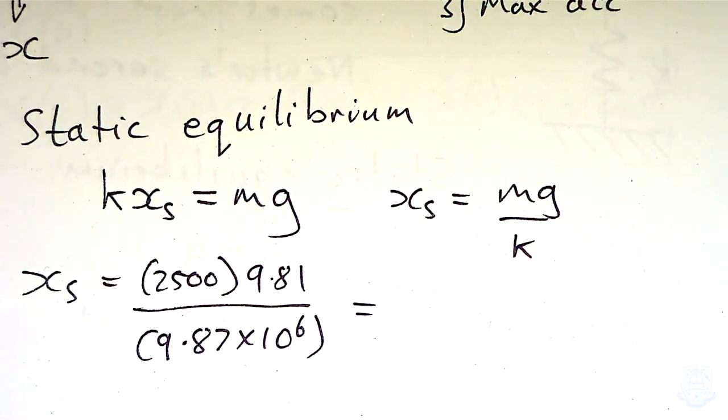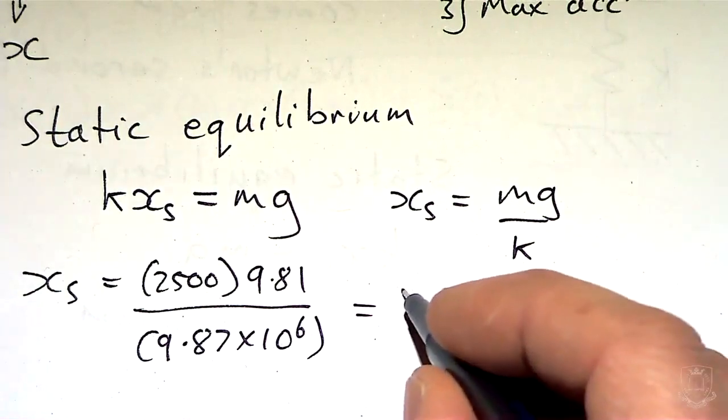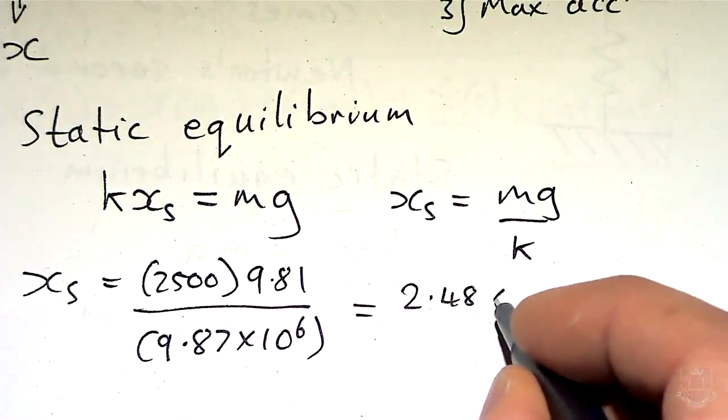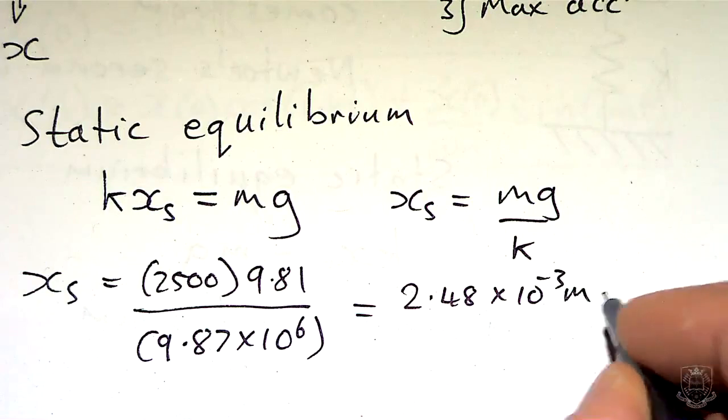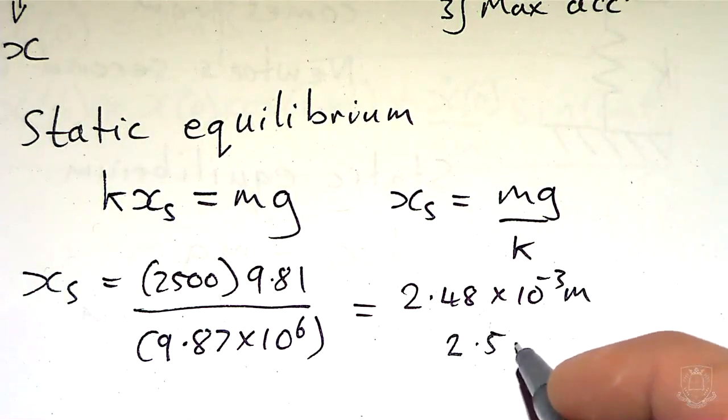What's the answer? 2.5 millimeters, yeah, exactly right. I think it comes out something like 2.48 times 10 to the minus 3 meters, which you can write as 2.5 millimeters.